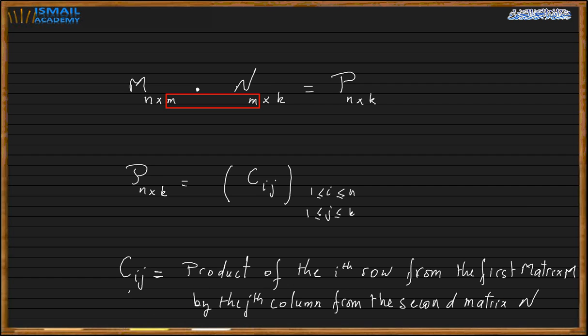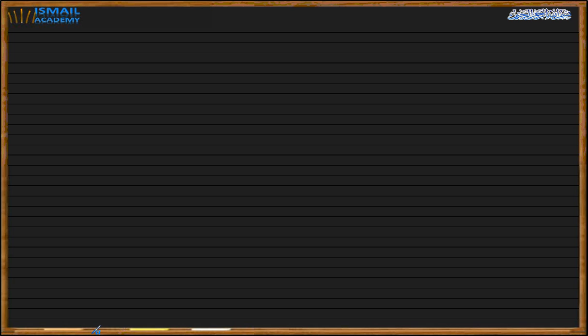So let me show you now in terms of numbers, because I know this is very abstract. Let me give you an example. So I will multiply this. For example, we have 5, 1, 1, 0. Let me separate them.